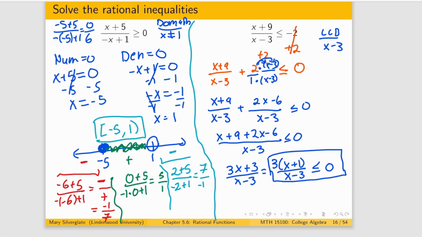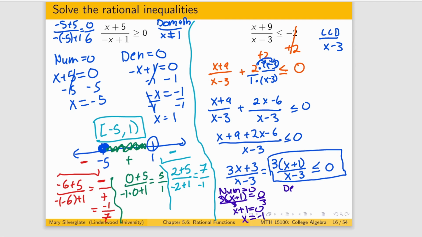Now I need to put my testing points on the number line. So I want to figure out when my numerator equals 0. So that would be 3 times x plus 1 equals 0. I could divide both sides by 3 first. x plus 1 equals 0. So x could be negative 1.